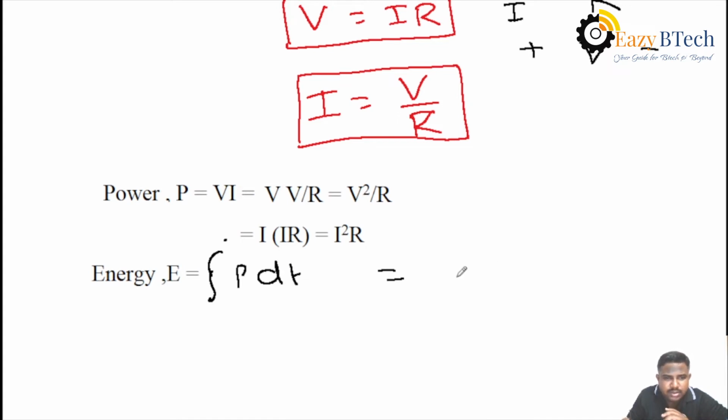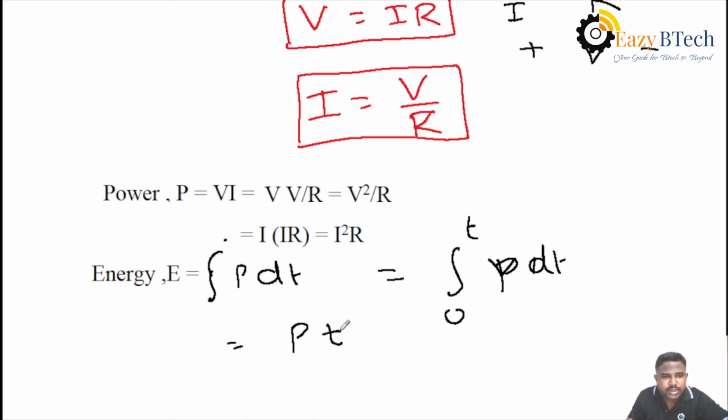That means integration from 0 to time t. Suppose P is constant, then take it outside. Then what is the integration of a constant with respect to dt? The value becomes t.